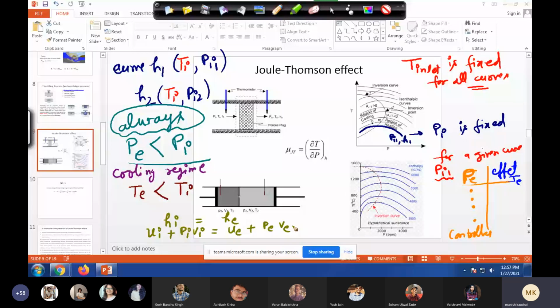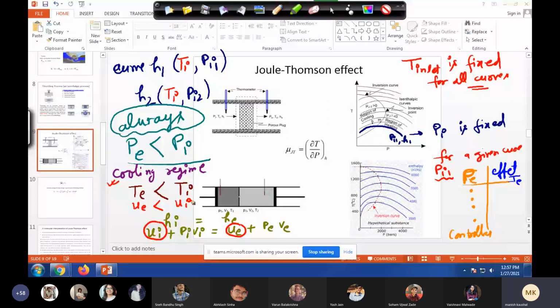Okay. Now, since U is only a function of temperature, we certainly know that in the cooling regime, UE is going to be less than UI.